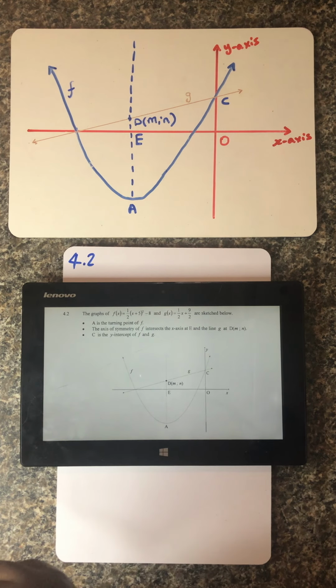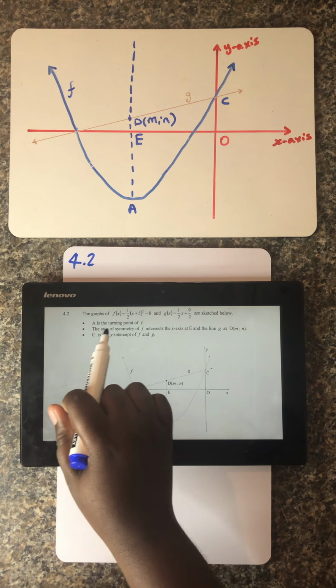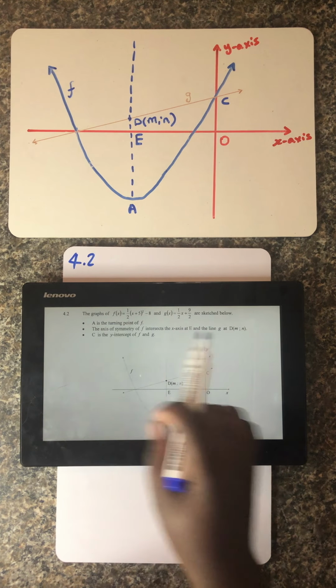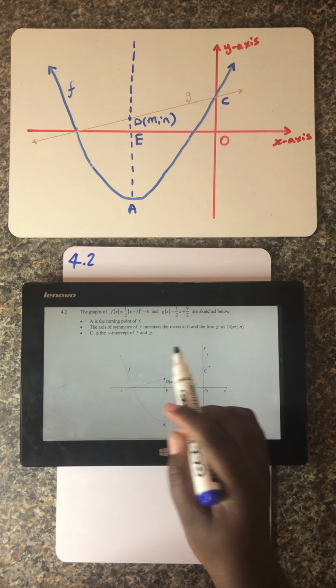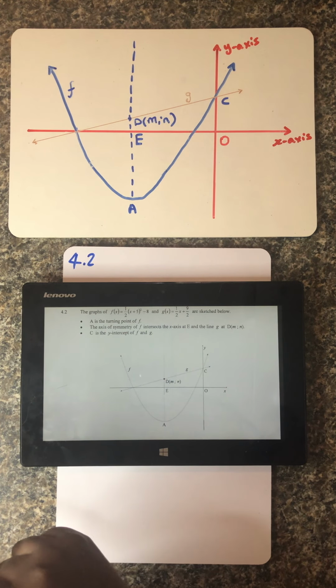You've got three bullets there. I'm just going to quickly read. The first one says A is the turning point of f. So A, which is a point, is the turning point of f.